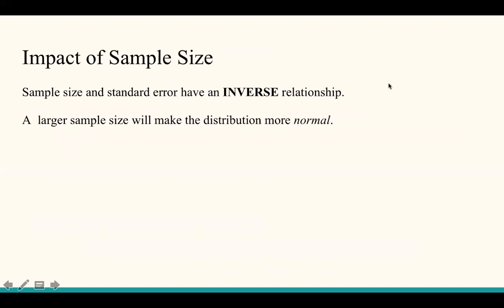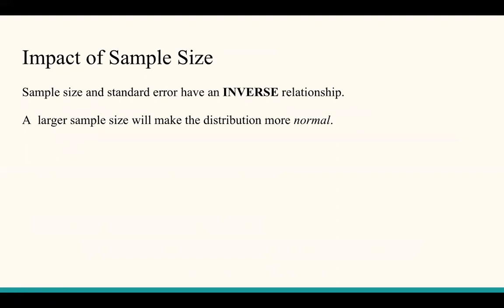So sample size has a huge impact on standard error in a sampling distribution. They have an inverse relationship, so a larger sample size would make a smaller standard error, and vice versa, a smaller sample size would mean a larger standard error.